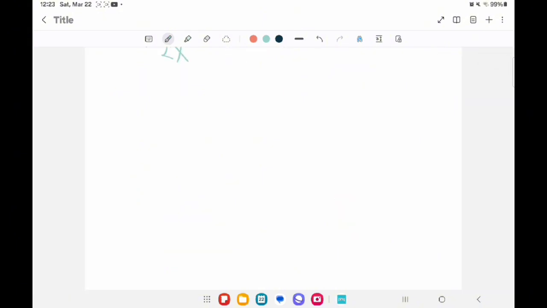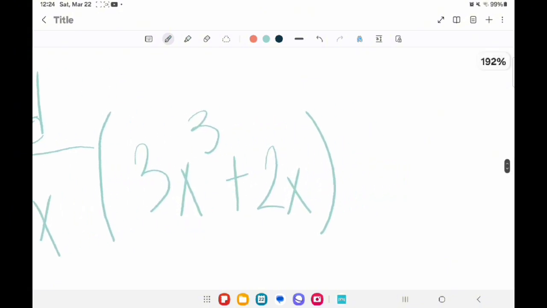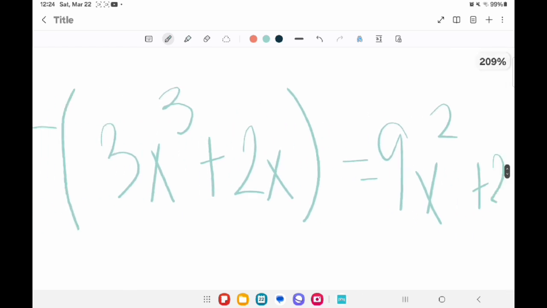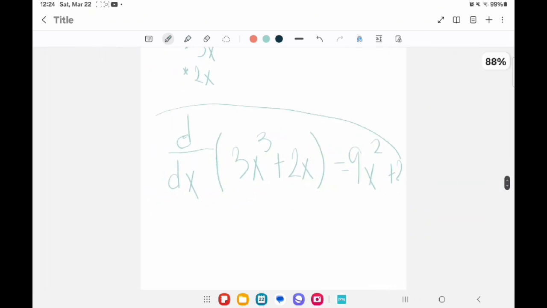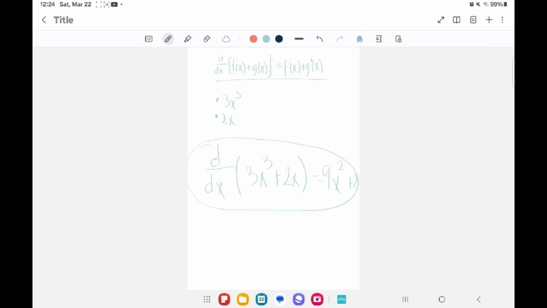So now we get the final answer: d over dx of 3x cubed plus 2x equals 9x squared plus 2. There, we get the final answer for the third example. I hope you understand my explanation. Thank you.